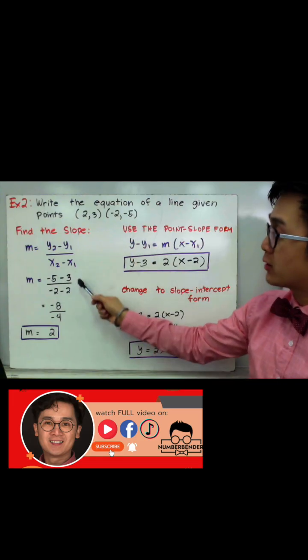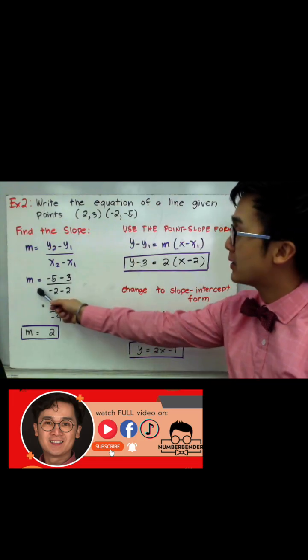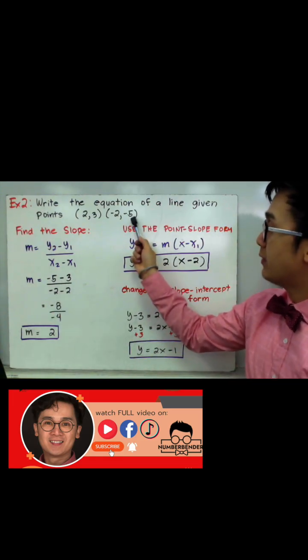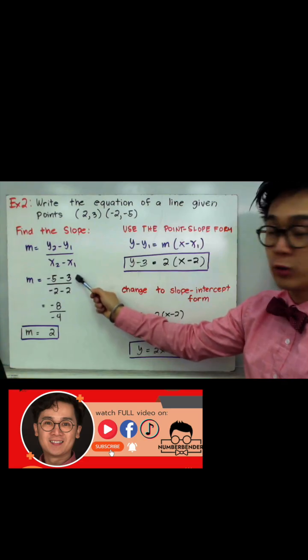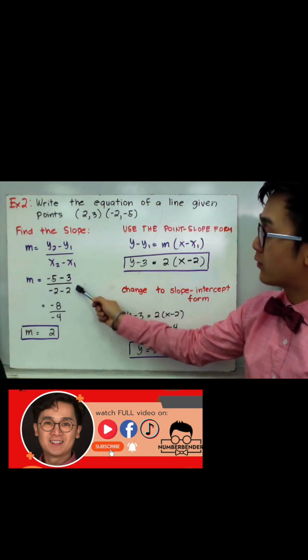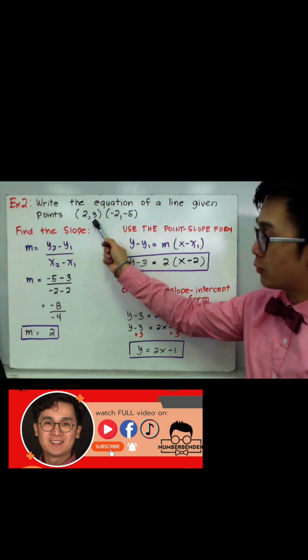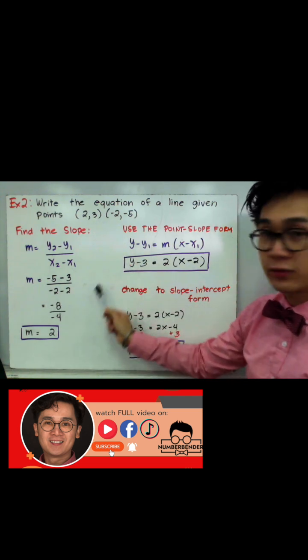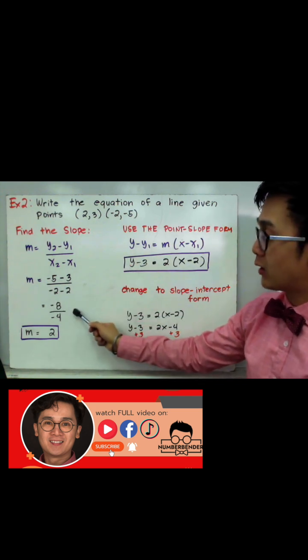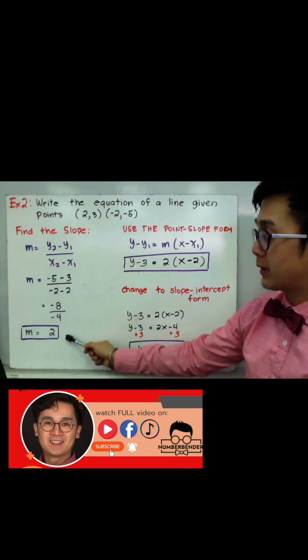By direct substitution, our m is now (-5 - 3), which is your change in y, all over the change in x, which is (-2 - 3). By simplifying your fraction, you'll have -8 over -4, which is simply equal to 2.